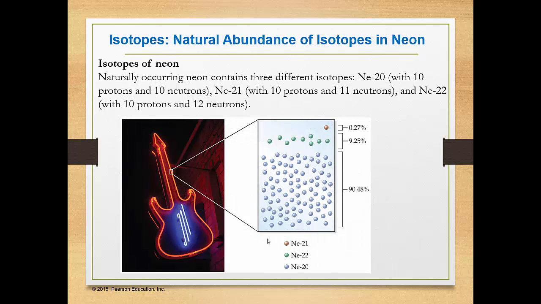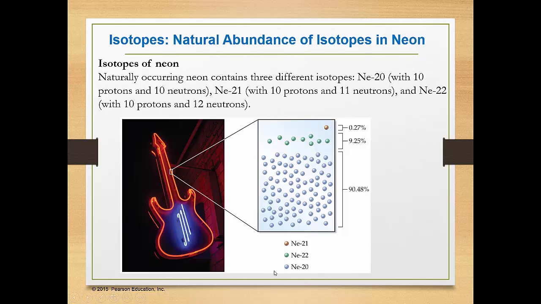So for example, neon. If I take a naturally occurring sample of neon, I go to one of these glowing neon signs, and I take a sample of the gas from that sign. If I could break that down into all the various atoms, all the various isotopes within that, I would find 3 different isotopes. One of them is neon 20.